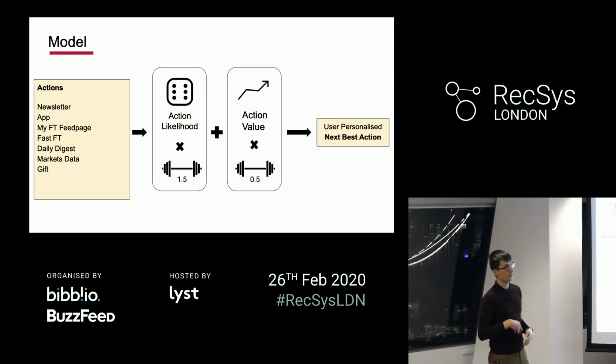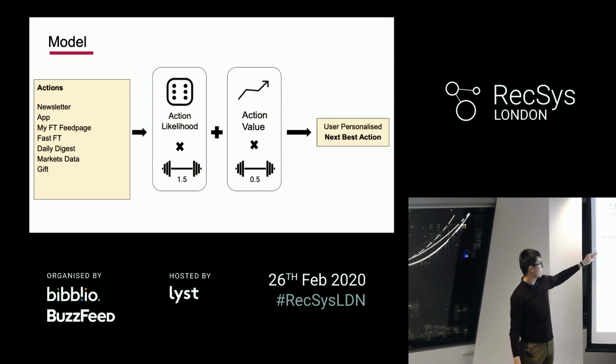What the resuggestion filter means is that, for instance, if the user signed up for the newsletter in the past 3 months, or has used the application in the past 3 months, then even if this action is the top action as suggested by the action relative value, the resuggestion filter will filter it out and select the second or third best action.